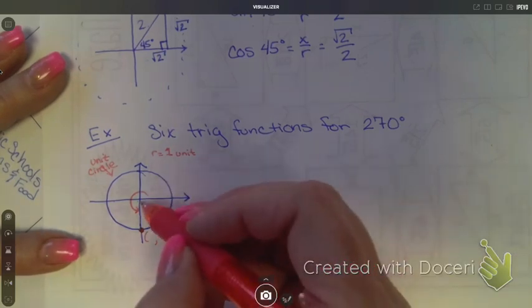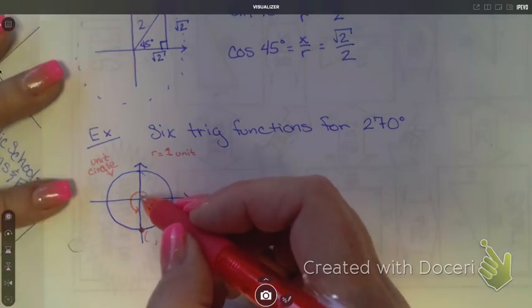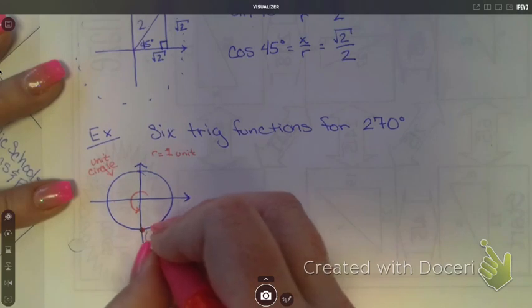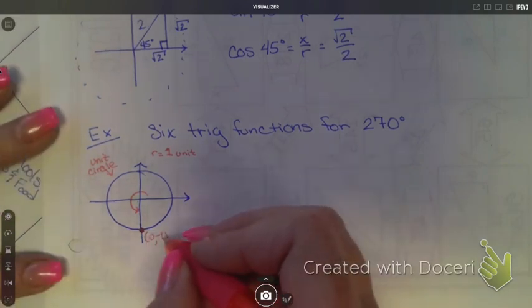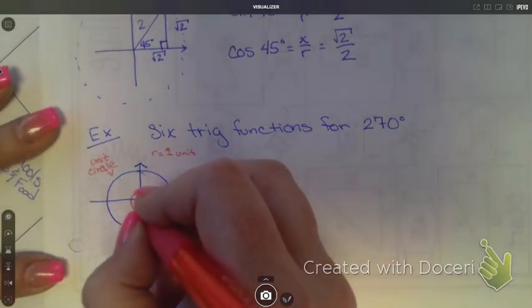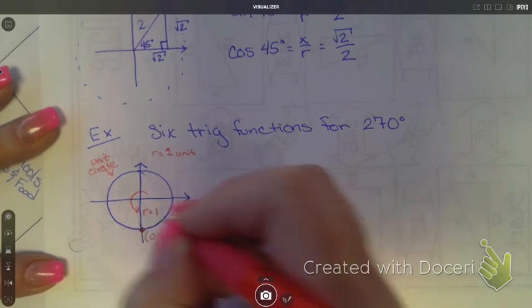Not 1, negative 1. Well, how about let's go our x first. 0. 0, negative 1. The point is (0, -1), and r itself would just equal 1.